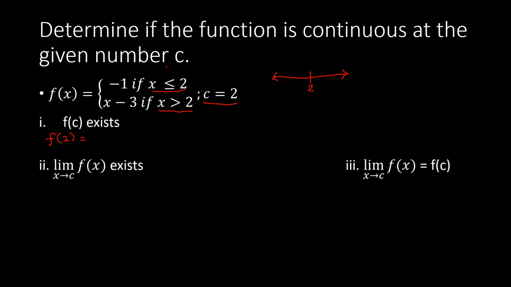So if you've noticed this symbol here, this is a less than or equal to symbol. If you look at the symbol, the pointer, or the tail part of the symbol, is pointing towards the left side. So automatically the values on the left side of 2 are the values that are part of the domain of that particular function.